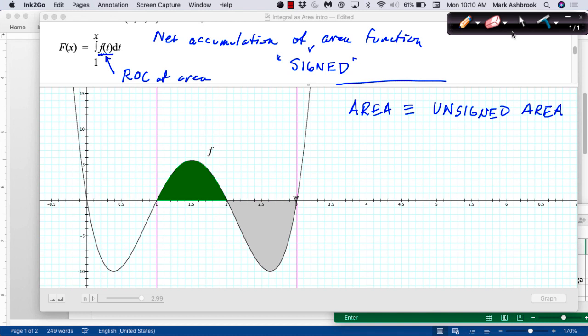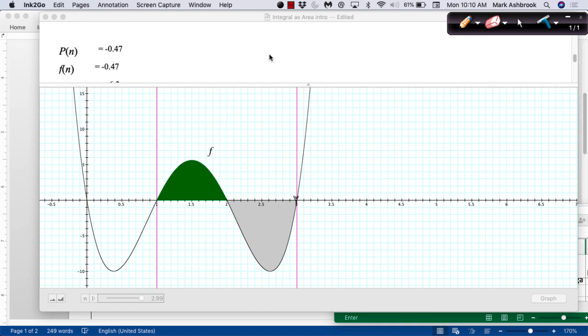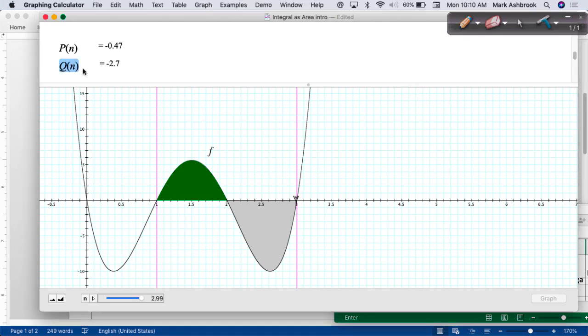Okay, so let me just give you a little puzzle here. So I've got two quantities here, P and Q. I want you to observe the values of P and Q as X increases and determine what exactly P and Q are and maybe set up a relationship between them.